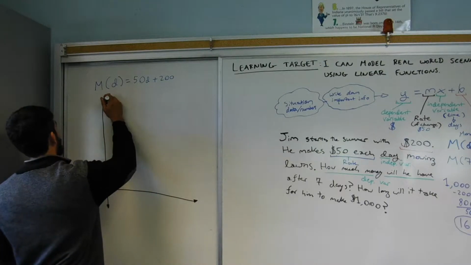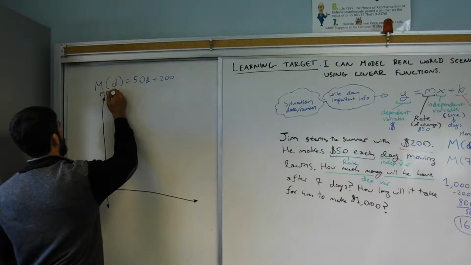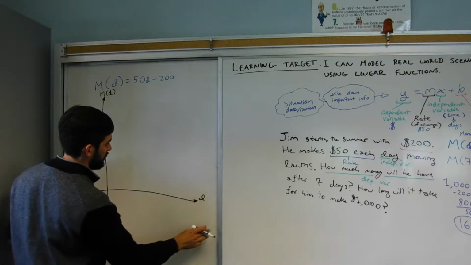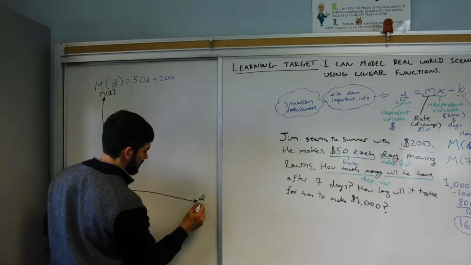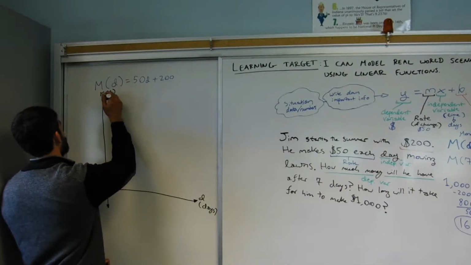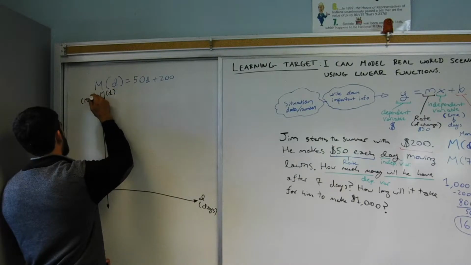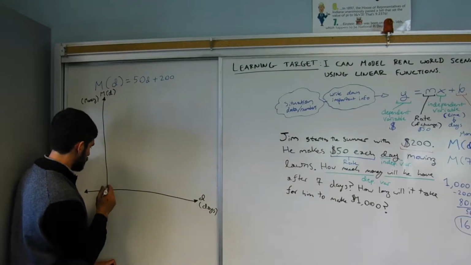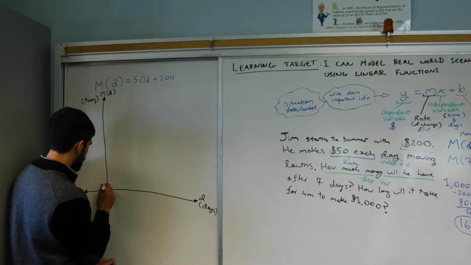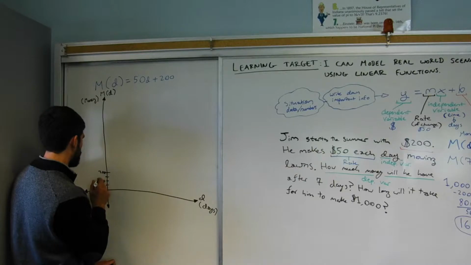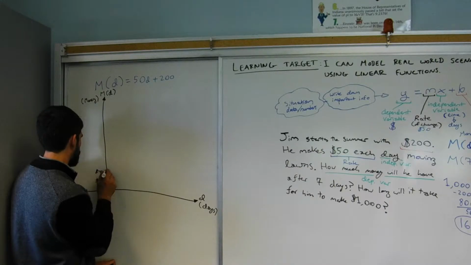So we always will put our dependent variable on the y-axis and our independent variable on the x-axis, and it's nice to label what they stand for. So here we'll have money. And then we want to make a scale. We can make little ticks, and we can have each tick maybe represent $50, since that's the amount of money you were interested in.